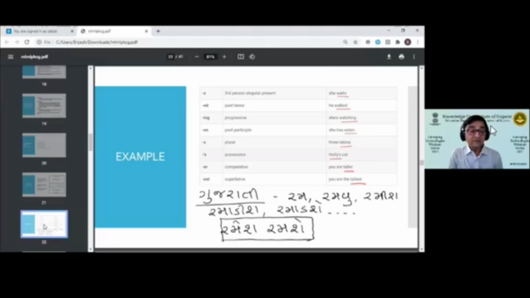So there is a disambiguation task here also. When you see the last inflection marker as S, you need to figure out whether it is a third person singular or whether it is a plural. And how would you figure that out? You need to look at the word that you have seen before.